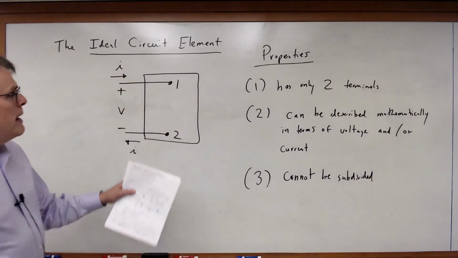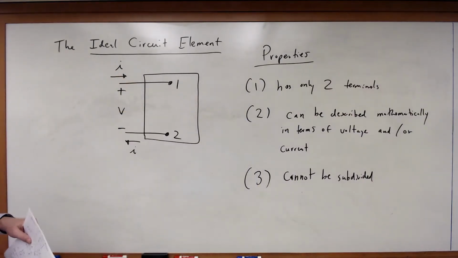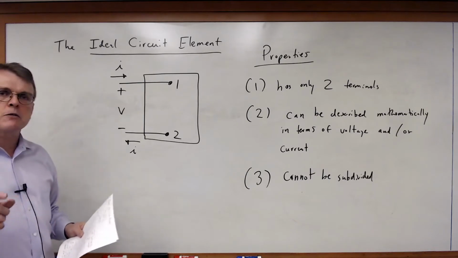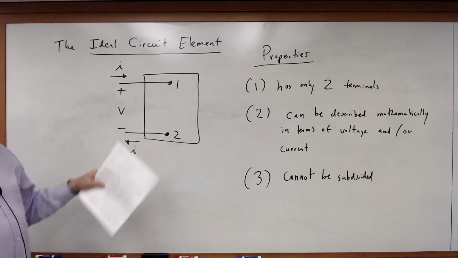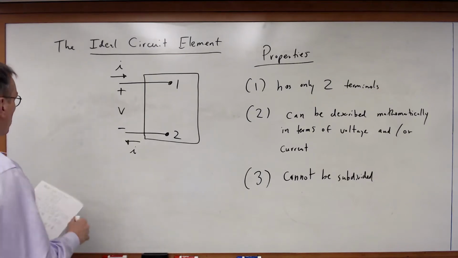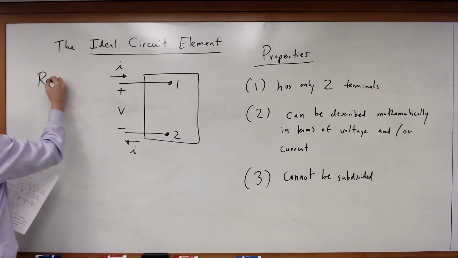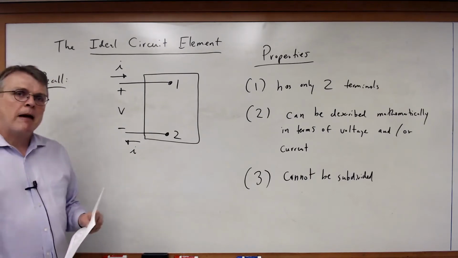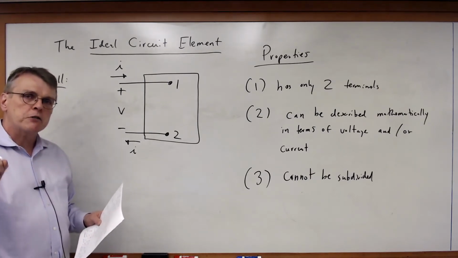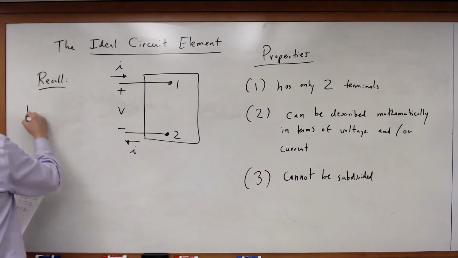All right? Now, in looking at the ideal circuit element, it turns out that the definition of power becomes critical to how we're going to describe how this thing works. So we recall, remember we said that power is equal to the derivative of energy with respect to time, by definition.